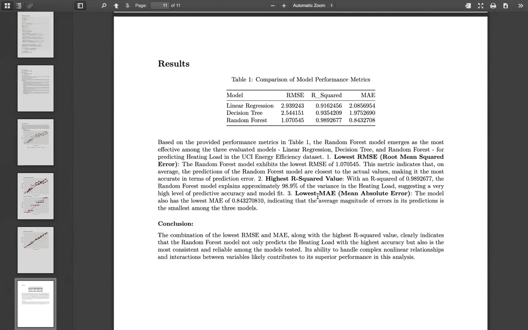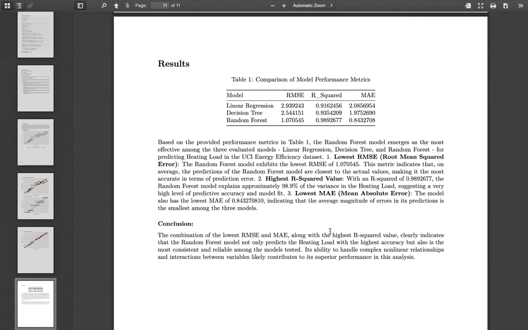It shows that random forest can predict heating load with the highest accuracy, but is also the most consistent and reliable. A couple of reasons why I think this is that it is a tree boosted model, so in case there were any nonlinear relationships present, it was able to capture those quite well.